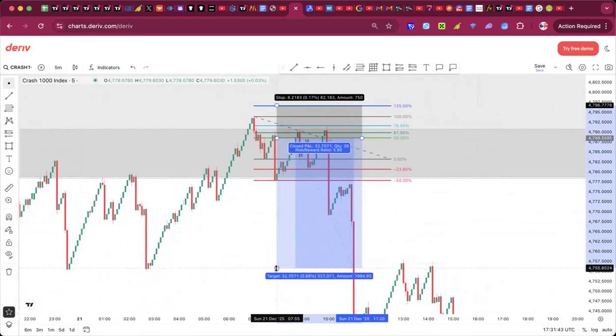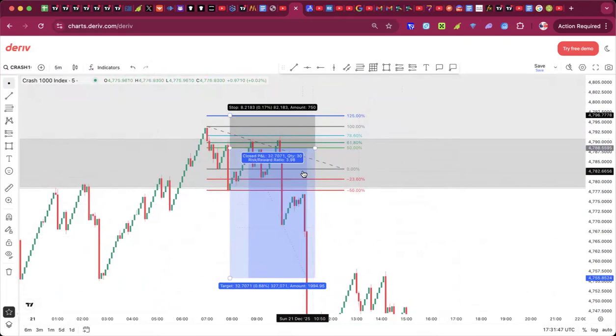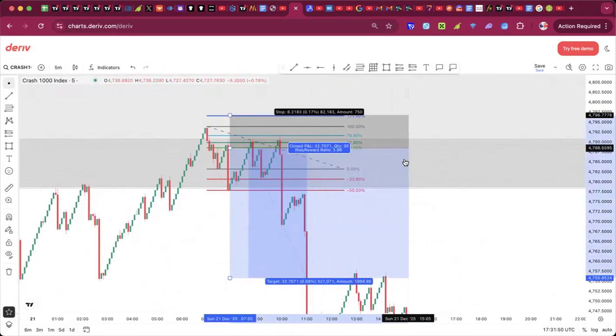So first take profit here, 32. Okay. So if you want to still minimize it, I'm saying 32 because I'm choosing just like $1. I don't know what's the minimum of Crash 1000. I think it's 0.2. So if you're using 0.2, 0.2 multiplied by 8, that's $1.6.